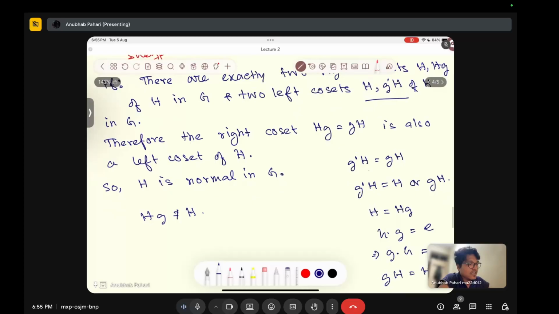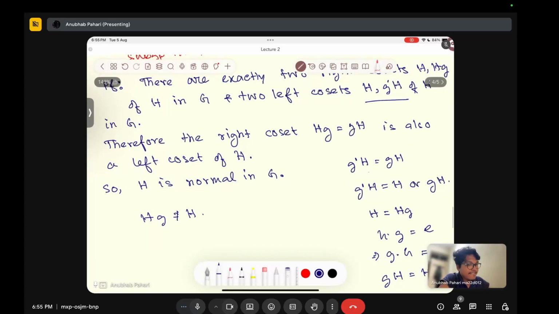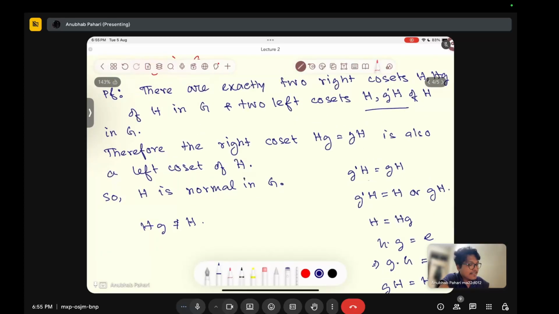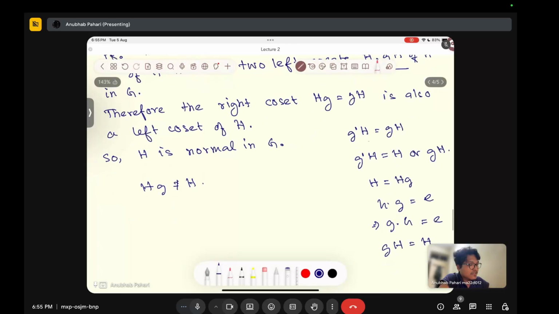Excuse me, sir, can you please explain these two to three steps written here in the right corner? Okay, I should write this formally.